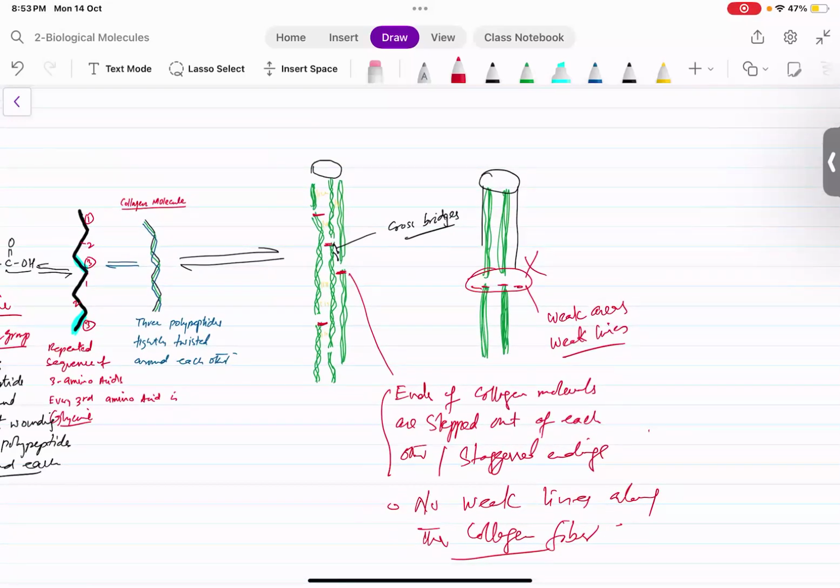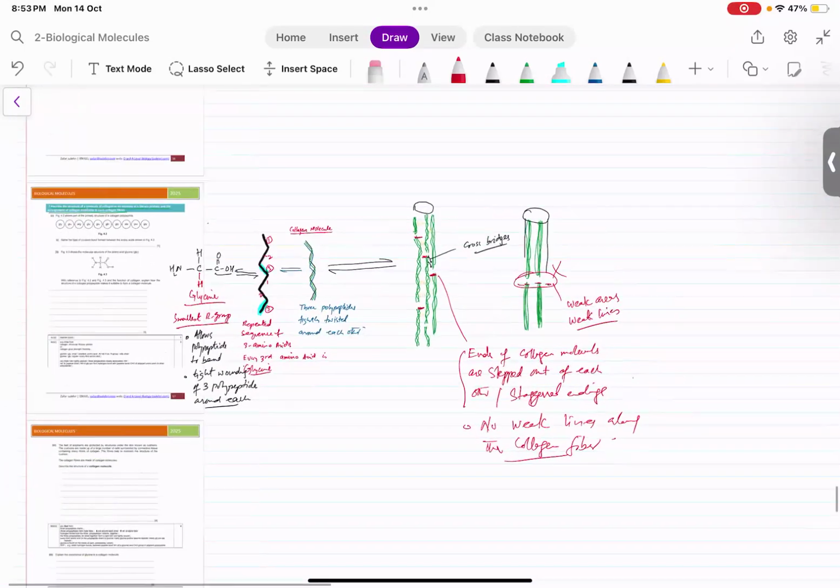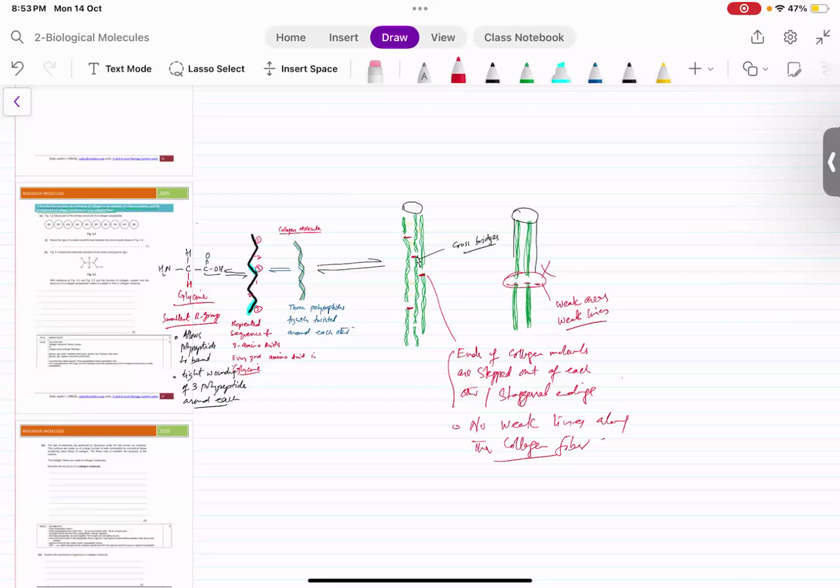It is also found in the gums to hold the teeth in the gums. So that's all about collagen today. We will discuss some questions on collagen, and we will further understand the adaptation of the structure of the collagen molecule to its function.